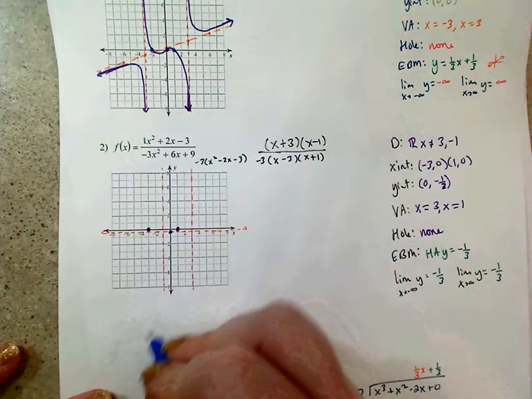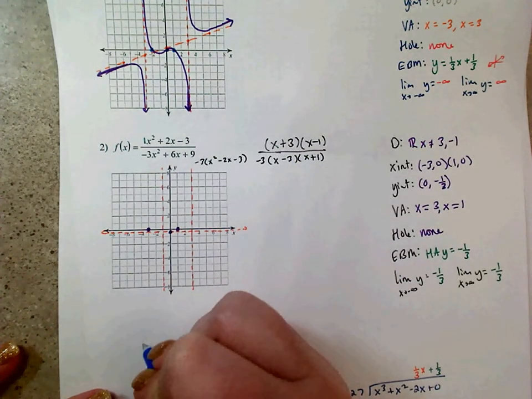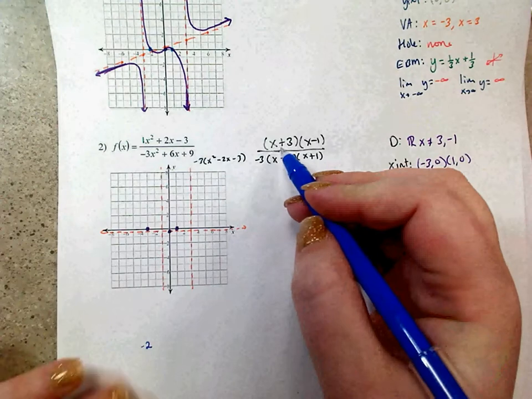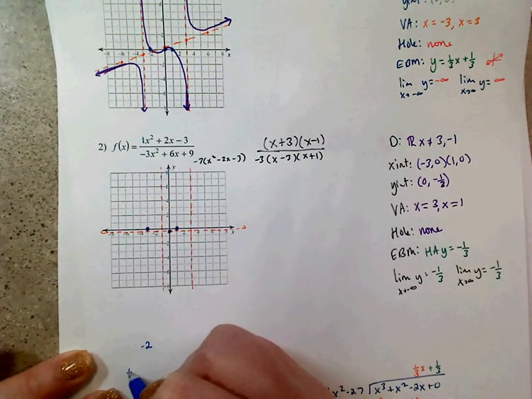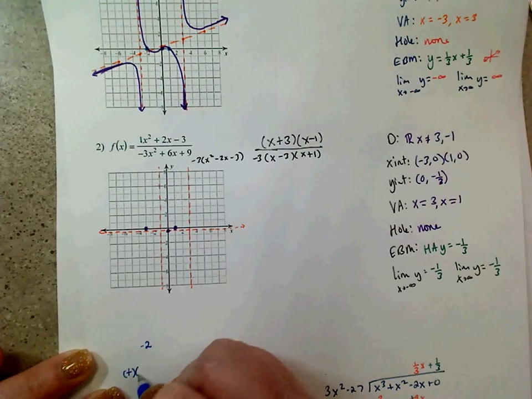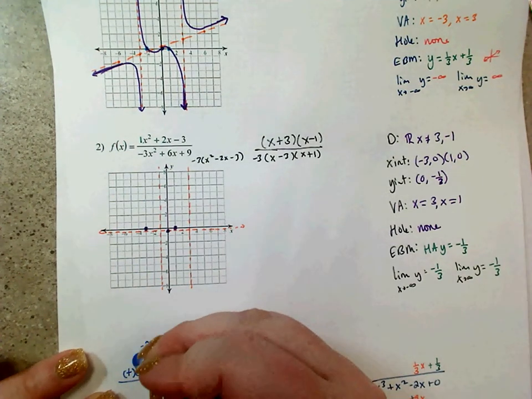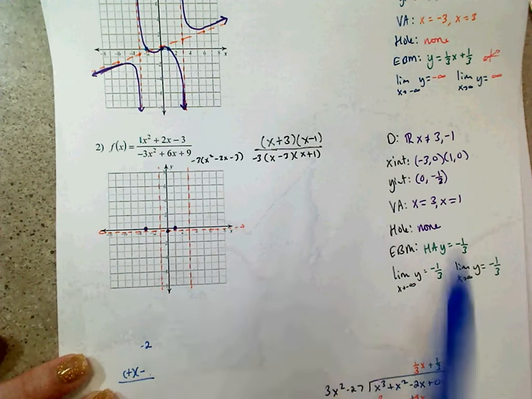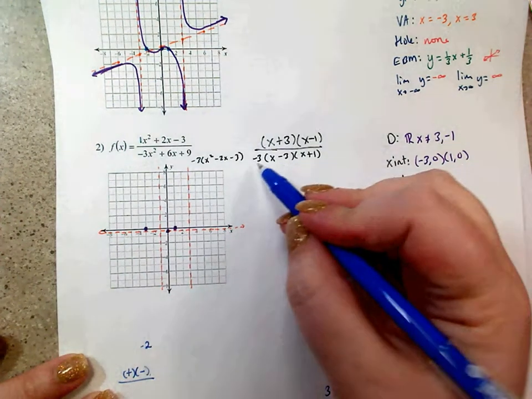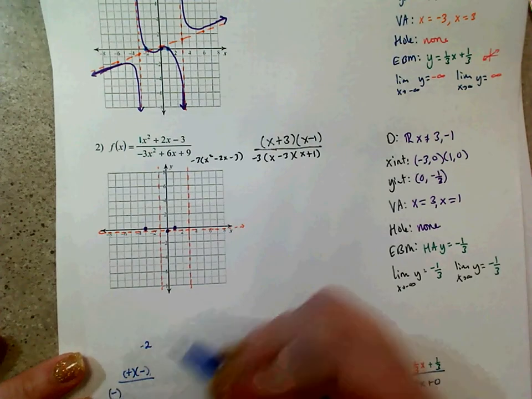So if I plug in -2, -2 plus 3 is a positive number. -2 minus 1 is a negative number. I don't care that it's not -1. I'm just trying to determine the sign, if it's positive or negative. That's a -3, so that's always negative. -2 minus 3 is a negative number.